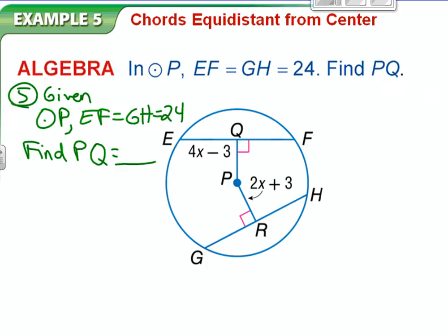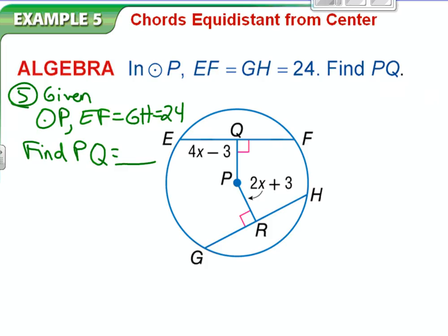Some of these visually just are what they look like, but the theorem that we're using is theorem 10.5. So if you'll just take your handout and read to yourself theorem 10.5 a second. Now, you know from reading that if chords are equidistant from the center, then they're going to be congruent.